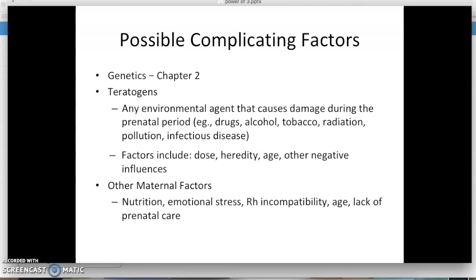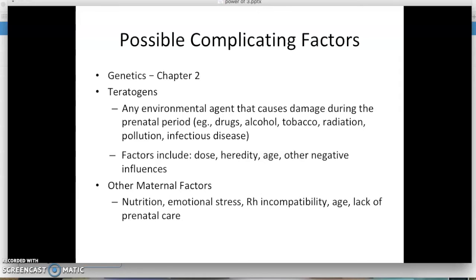So if Rh positive fetal cells interact with the mother who's Rh negative, her body will see them as an unwanted foreign substance and attack the developing baby. Thankfully, special immune globulins called RhoGAM can be used to eliminate this risk. This is an example of why routine prenatal care is so important for all women.